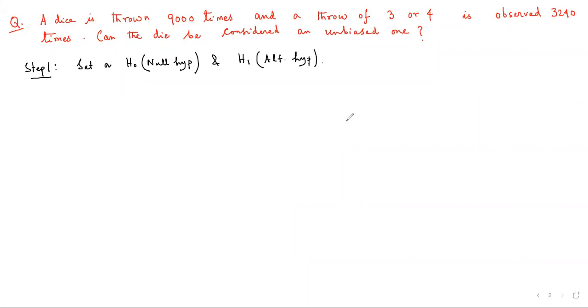Since the null hypothesis is a hypothesis of no difference, always remember this rule: whatever we write in the null hypothesis should be mathematical and should contain an equality sign.